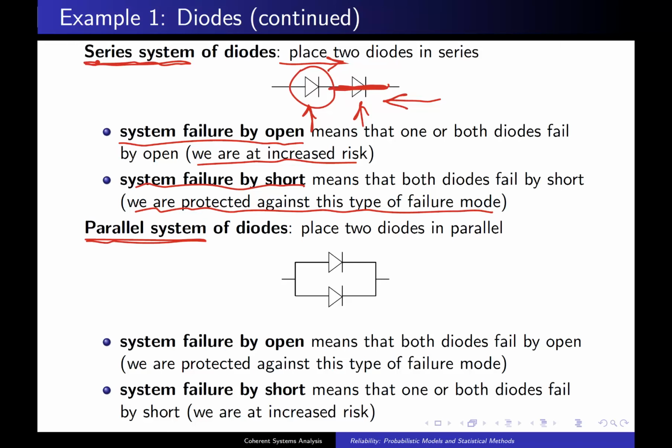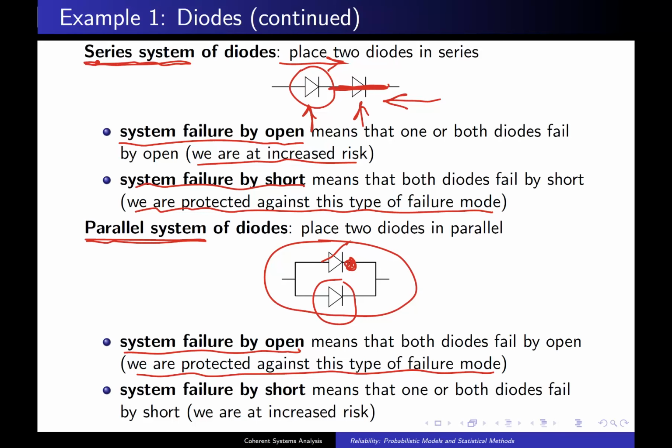The second way to arrange a pair of diodes is to place them in parallel in this fashion. Now in this case, system failure by open. What happens if this diode, the first one up here, fails by open and looks like that? Well, we still have this diode, which is working fine, and so we are protecting ourselves against failure by open.